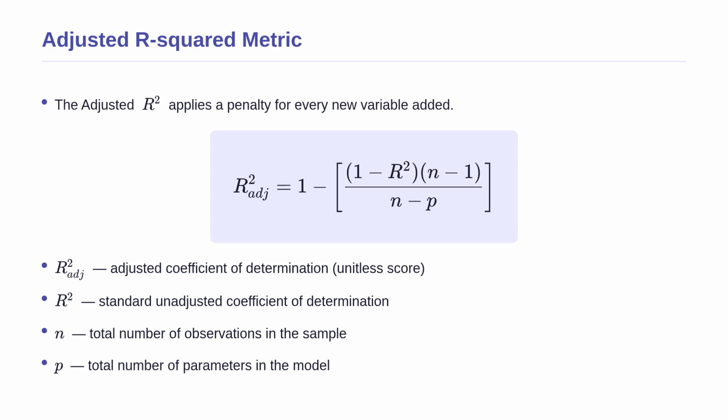The variable n represents the total number of observations in our sample, and p represents the total number of parameters including the intercept. Notice the denominator, n minus p. As you increase the number of parameters p, this denominator decreases, making the entire penalty fraction larger. This ensures we only keep variables that provide a massive boost to predictive power.